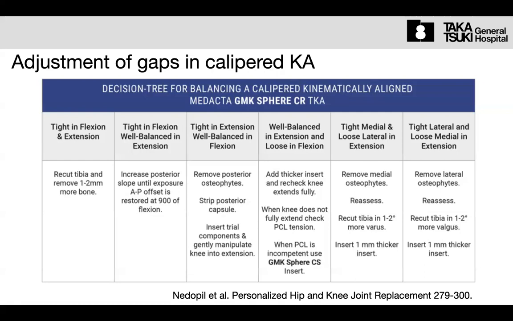But once we insert the femur trial, the posterior condyle of the femur component can push the posterior capsule like this. Then the extension gap can be shortened. Do you understand? So with the bony gap, the posterior capsule is straight like this.